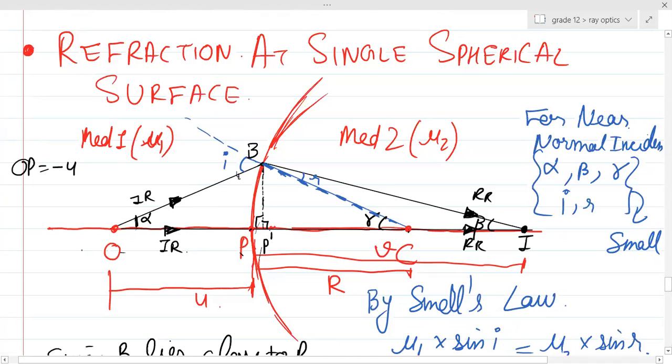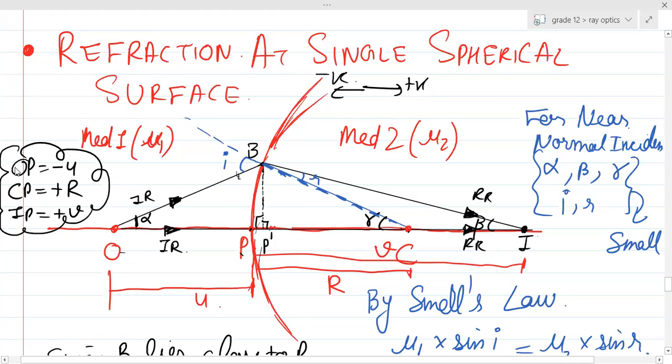Can you see towards the left? I am choosing this convention, right? Towards the right is positive, and CP, can you see CP is towards right, so CP will be plus R and IP will be plus V.